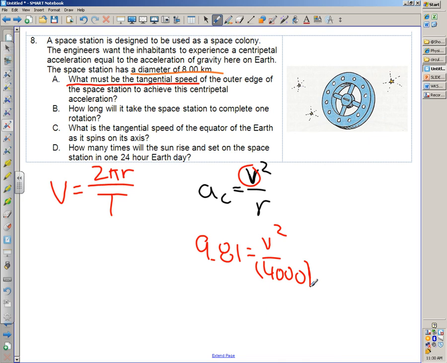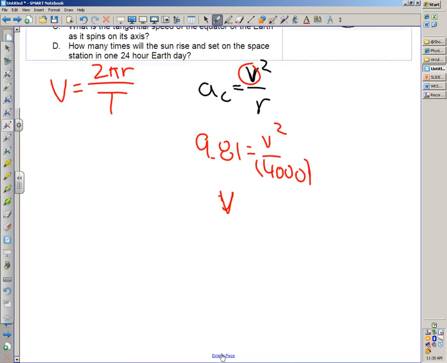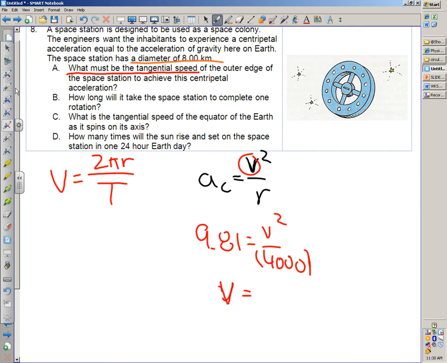Let's calculate this, and then we'll go into that, because that leads us into another topic that we discussed last week. So, did anybody run this through a calculator real quick? Why is it 4,000? Because it says that it has a diameter of 8 kilometers. So you divide by 2 to get the radius, right?